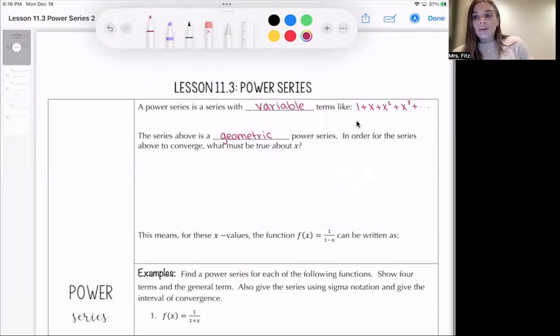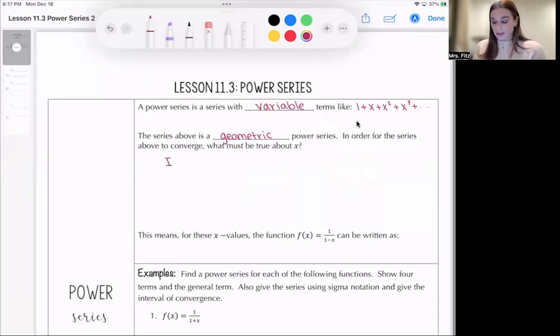So in order for the series above to converge, what must be true about x? Well, we learned in our last lesson that in order for a geometric series to converge, the absolute value of the common ratio must be less than 1.